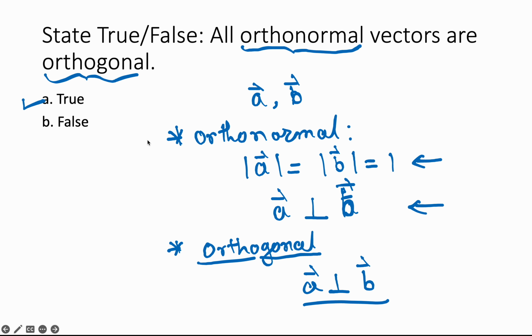The next question is: all orthonormal vectors are orthogonal. In this case we saw the definition of orthonormal, where the vector magnitudes will be 1 and they will be perpendicular, and by default they will also be orthogonal if they are orthonormal. So this statement was true.